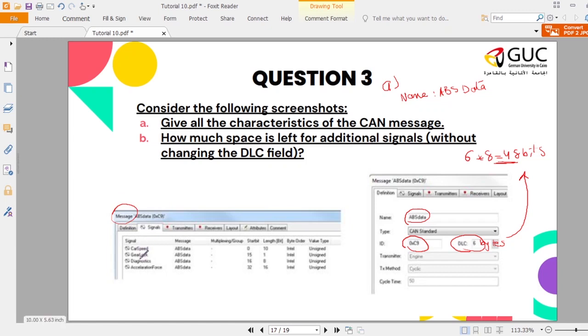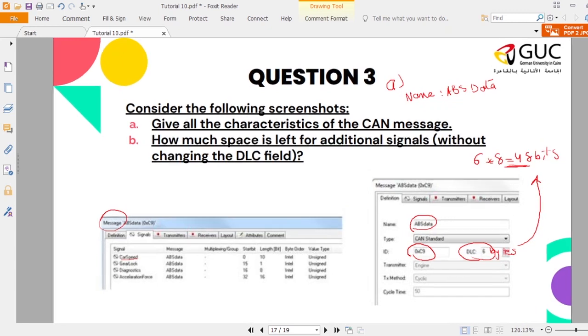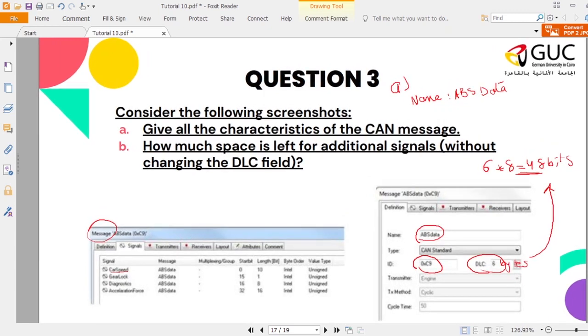The car speed, as you can see here, this is the car speed. We have the gear lock, we have diagnostics and acceleration force. Okay, we have four signals within this message.